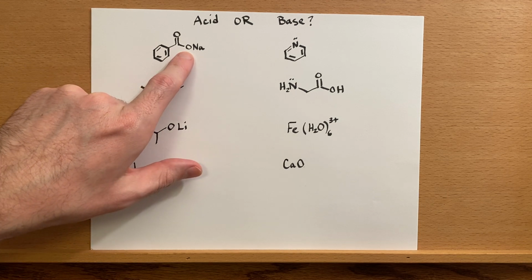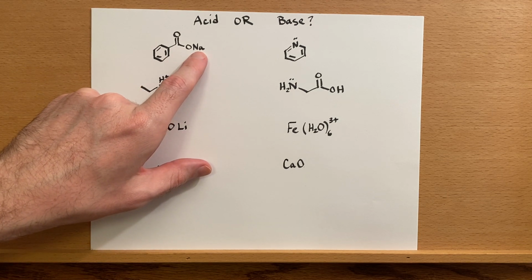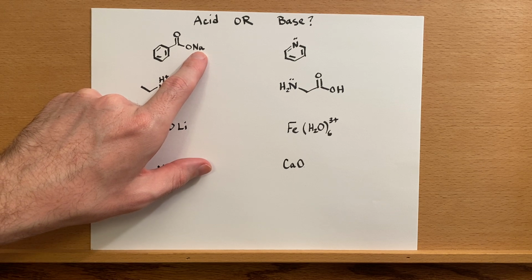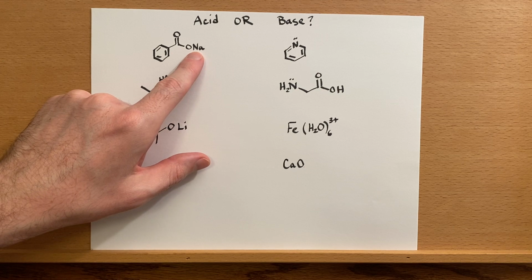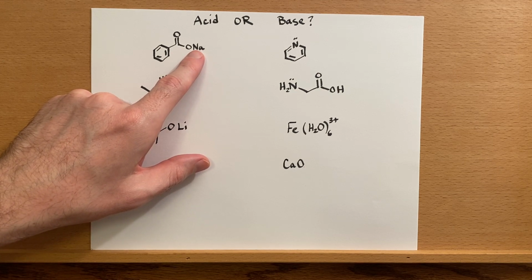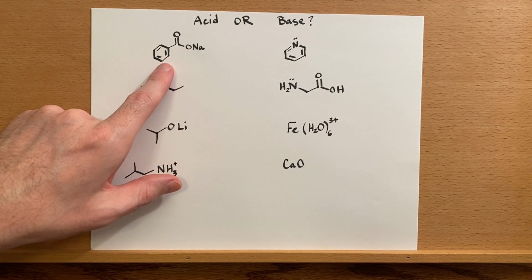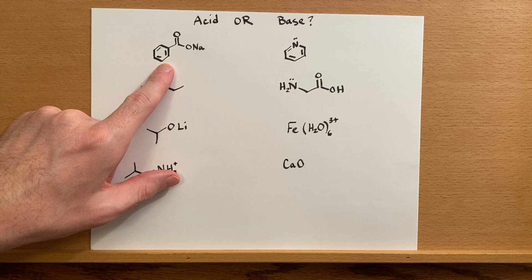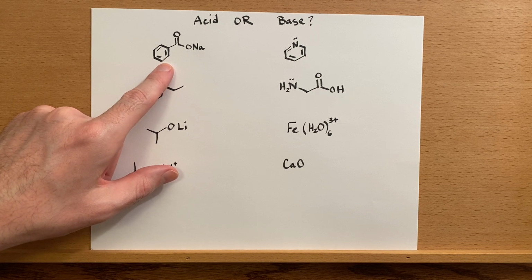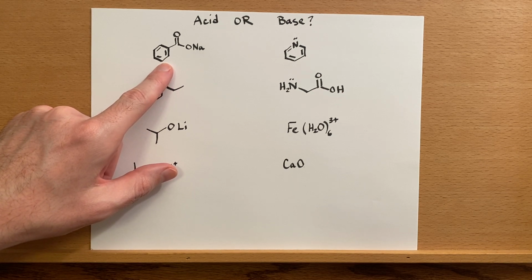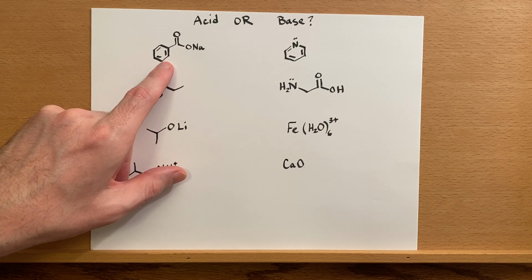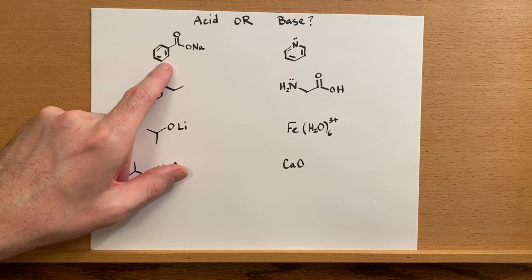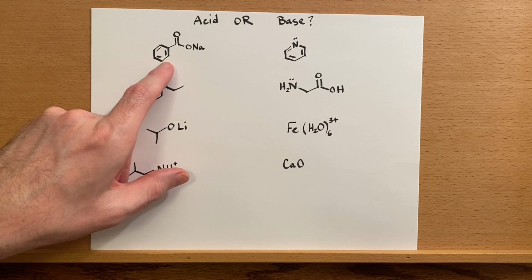But you'll notice that instead of a hydrogen, we have a sodium there, hence the name, sodium benzoate. Well, if we have removed the hydrogen from a carboxylic acid, it will now become a base, the conjugate base. So this particular molecule is a conjugate base of benzoic acid.